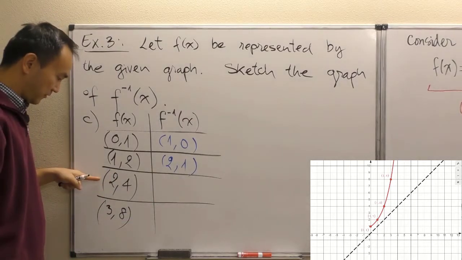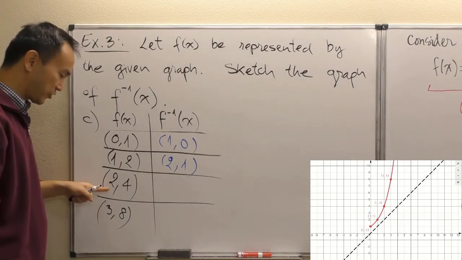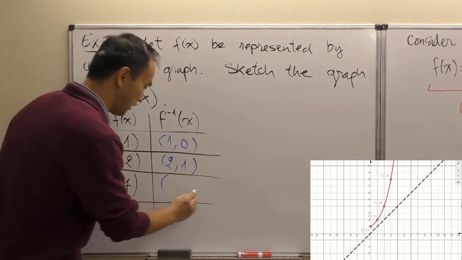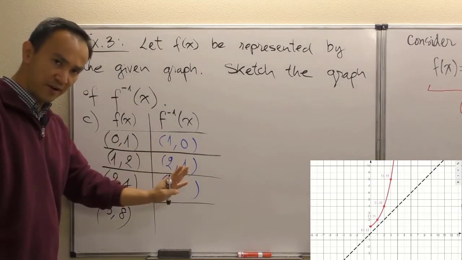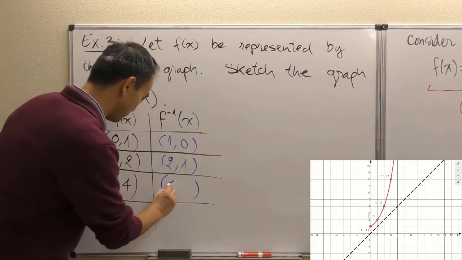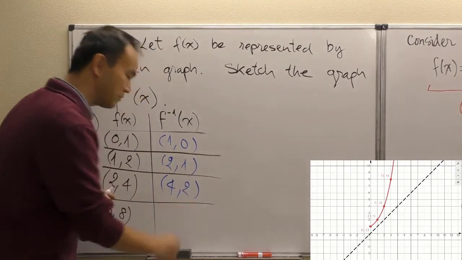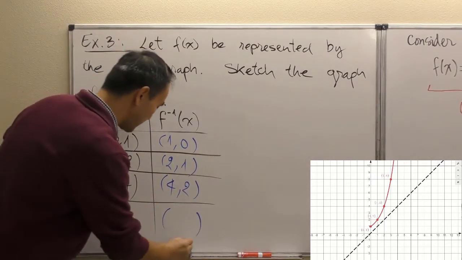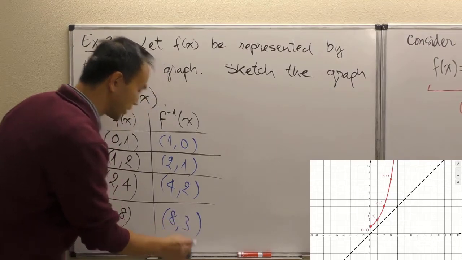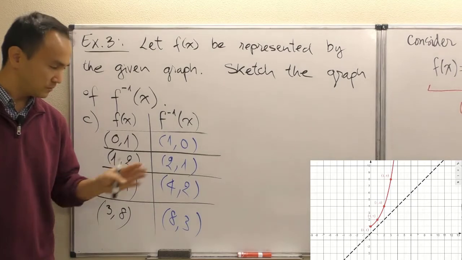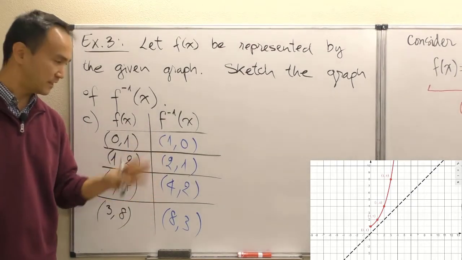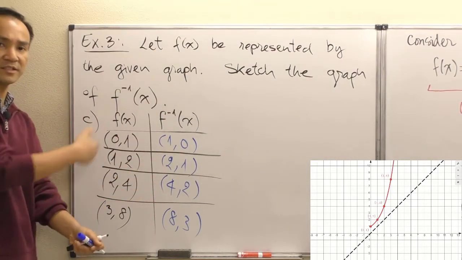On the third point down the list right here, originally (2, 4), now on the inverse function, again, x and y values switch roles. So (4, 2). And then the last point here, needless to say, (8, 3), because x and y values switch roles.